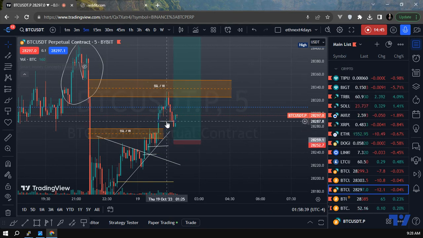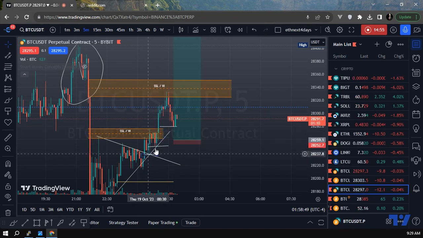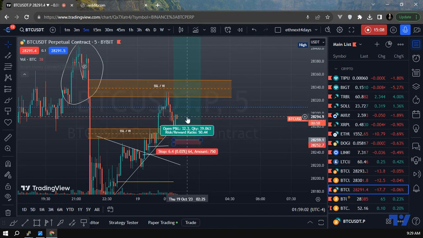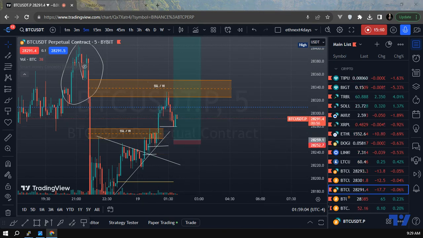First, we hit the upper body of this big candle, but then we hit the lower body too. Usually we do this. And as I said, here we hit the lower body after we hit the higher or mid body. Even here, we hit the lower body at once. So right now, what I'm thinking is, should I close the position or not?